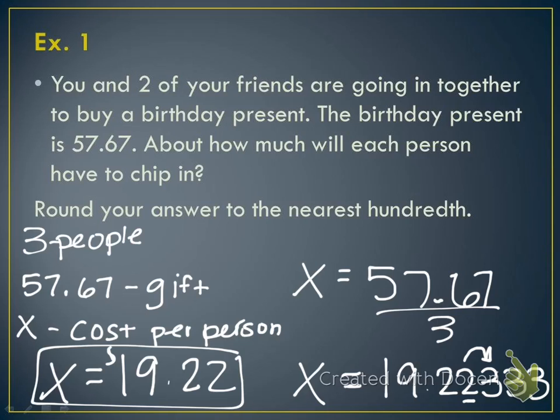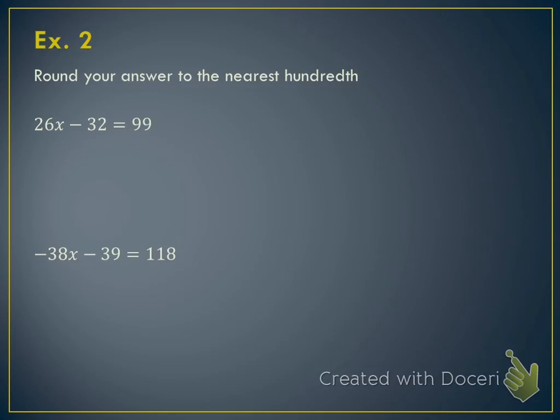Now what we're going to do is we are just going to solve an equation. So in these problems right here, all they want us to do is solve the equation. This is no different than what we did in lessons 3.1 to 3.4. But we want to round our answer to the nearest hundredth, because when I solve this, I am not going to get a whole number as an answer. So I need my calculator out. I need it ready to go because we are going to need to solve it.